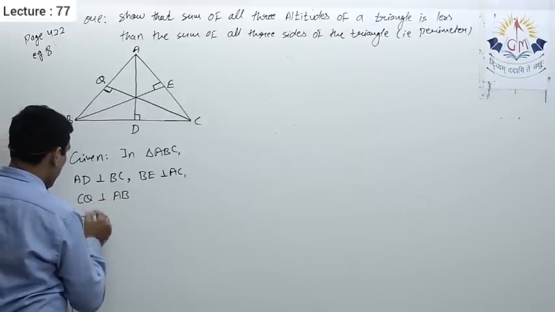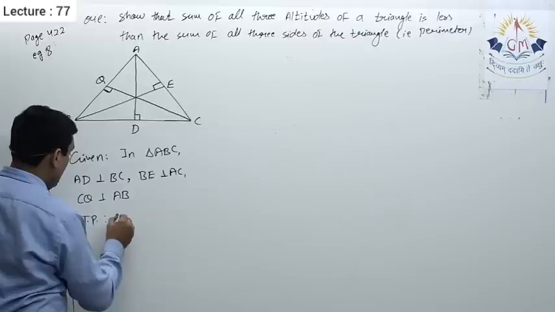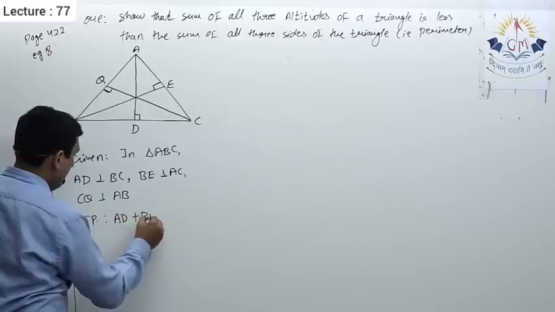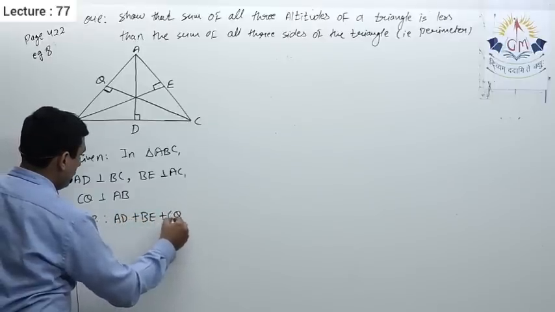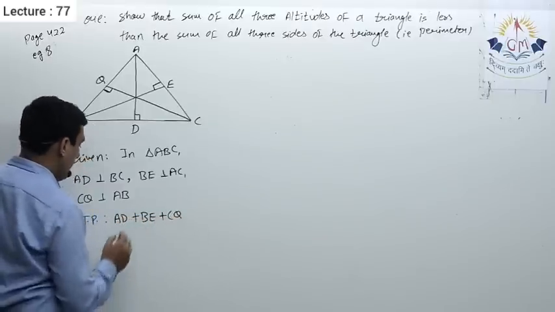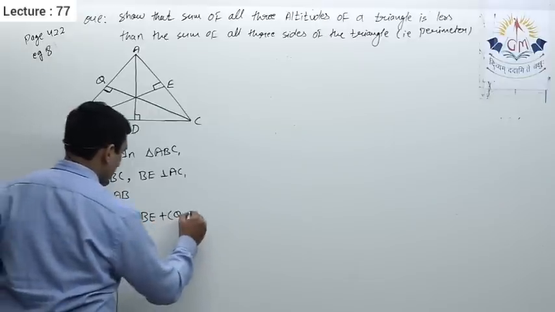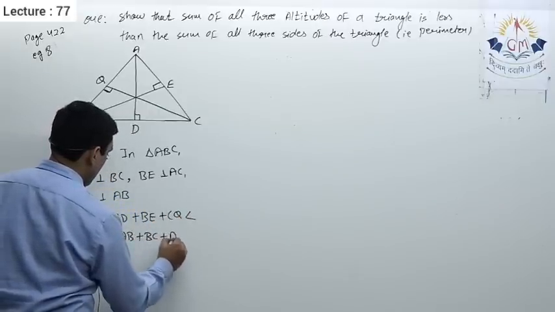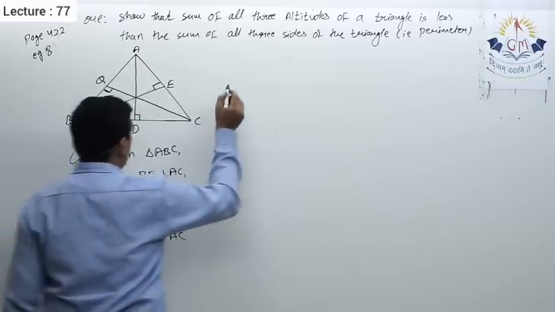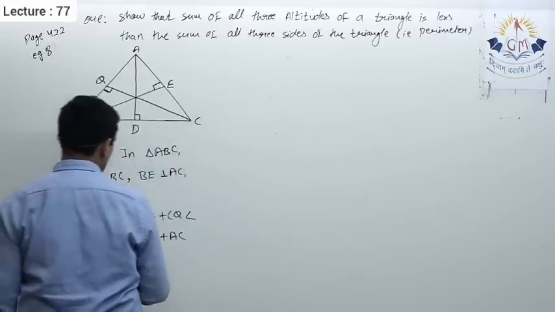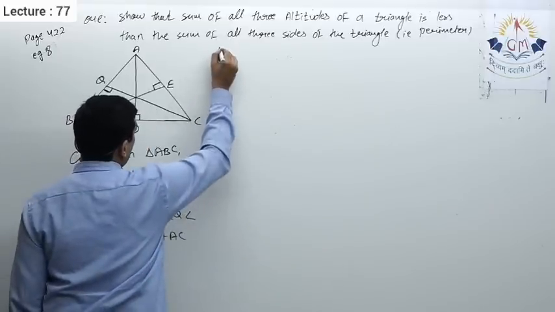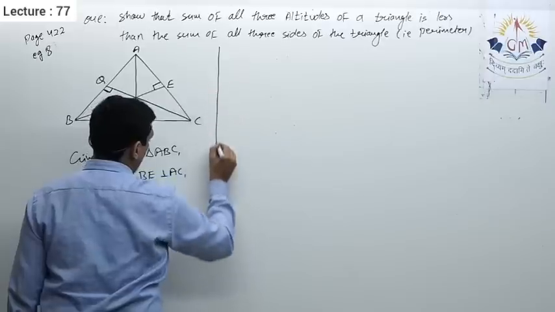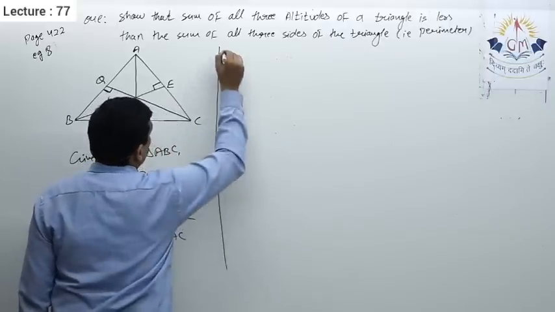What we have to prove: AD plus BE plus CQ is less than AB plus BC plus AC. The sum of all three altitudes is less than the sum of all three sides. Proof.